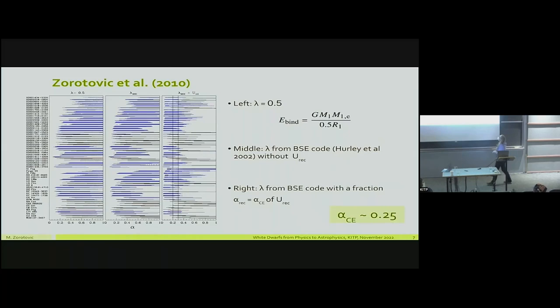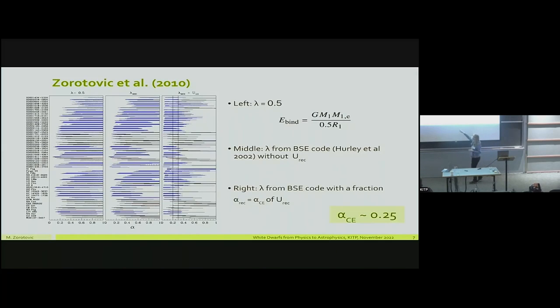So we compared with lambda fixed at 0.5, lambda from the BSE code, which was not published at that time, and was finally published in 2014, not explained, just published, and lambda from the BSE including internal energy. At that time, I said internal energy, but it was really recombination energy. And then we derived this range here, 0.2, 0.3, so 0.25, but this is including recombination energy.